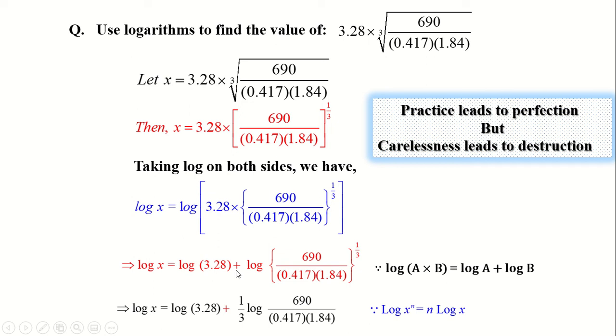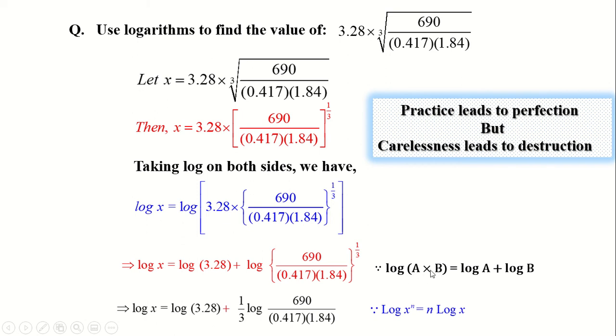So be careful. As I said to you that carelessness leads to destruction. When you do not write this multiplication sign converted into plus sign, you may not write these separate logarithms from single to separate logarithms as summation following this law.